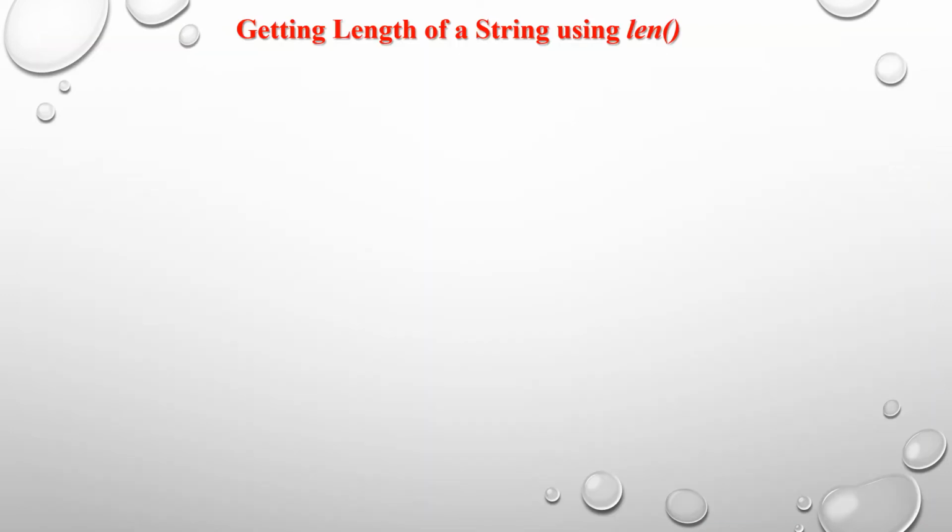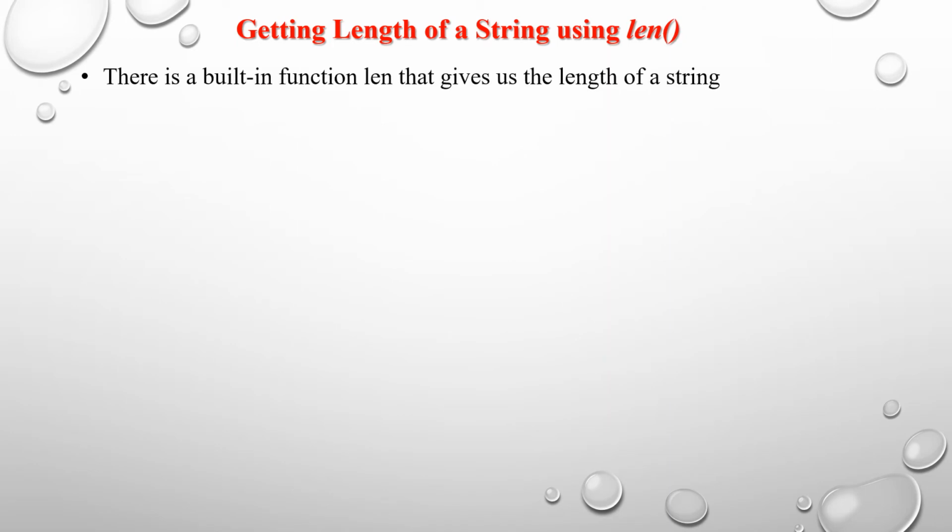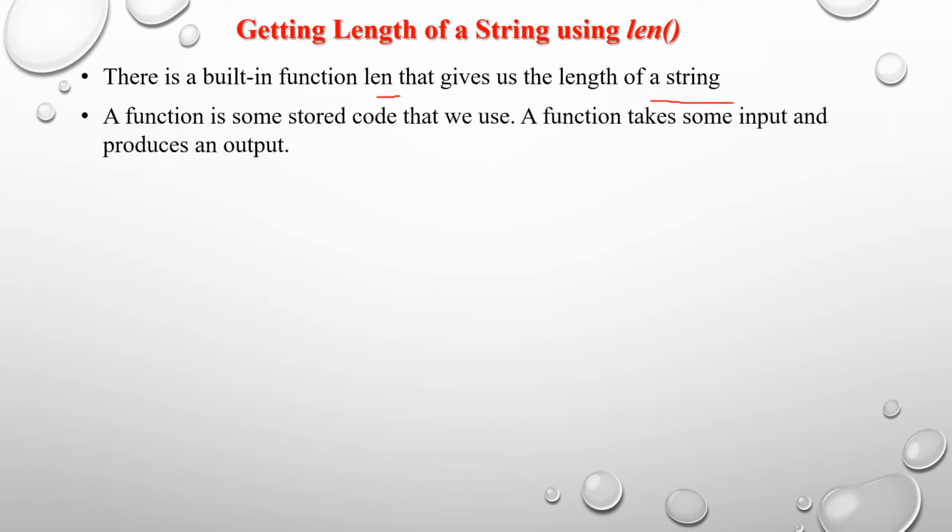Now we will see the len function. There is a built-in function len that gives us the length of the string. A function is some stored code that we use. A function takes some input and produces an output.